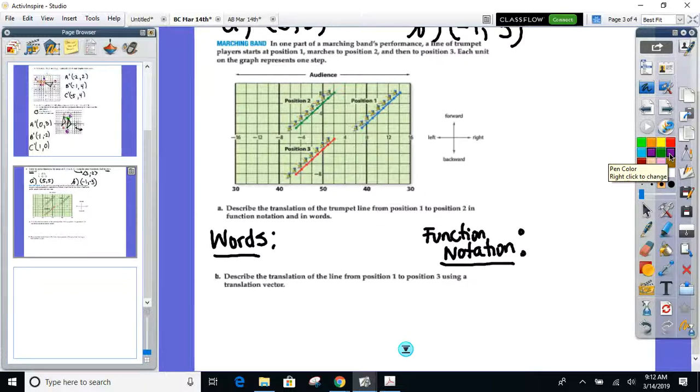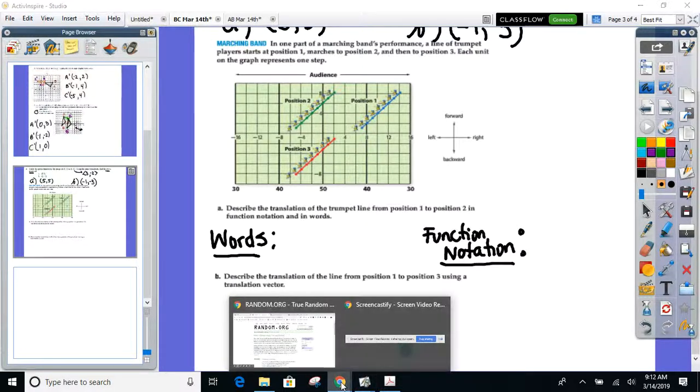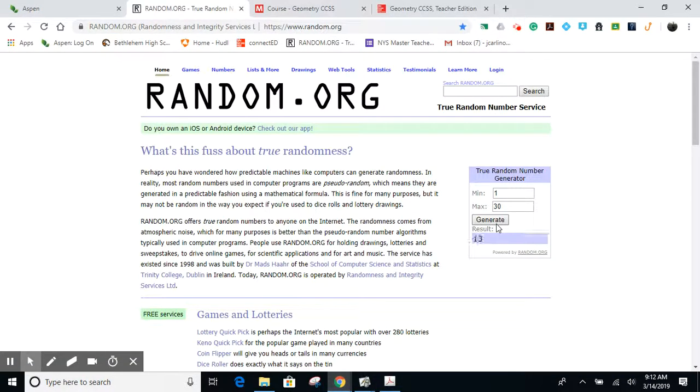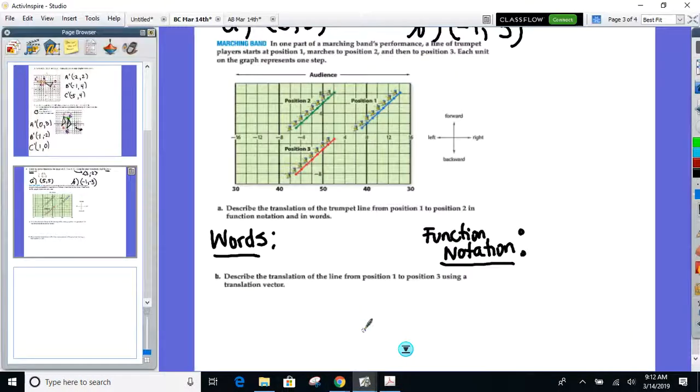So from position 1 to position 2, how do you make them right on top of each other? In words, just describe to me what do I need to do to go from 1 to 2. What do I have to do to go from 1 to 2? Left 12, that's it. Yep, left 12.